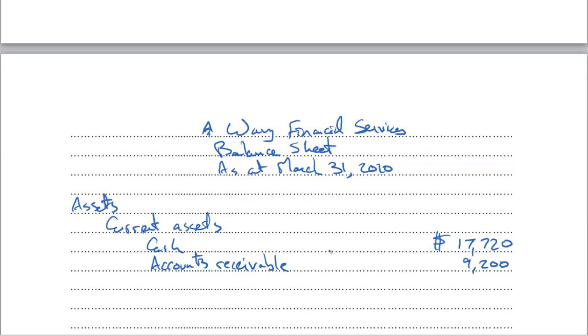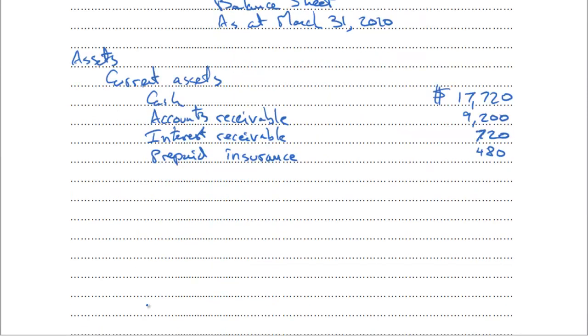And then here the order becomes less clear, right? We know it's current assets, so we have prepaid insurance, prepaid rent and supplies. I'm just going to go in the order they show up on the balance sheet as all being current assets. So next one, interest receivable. That was $720. Prepaid insurance, $480. Prepaid rent.